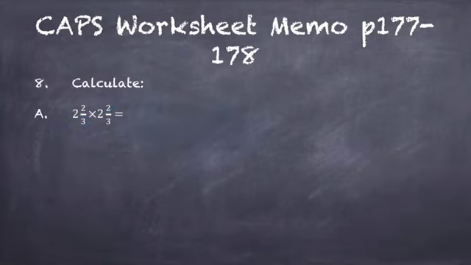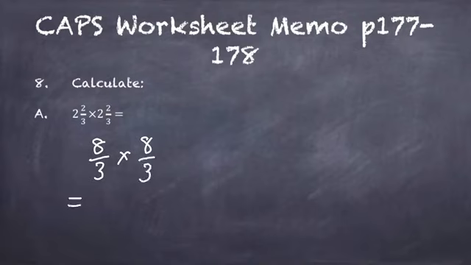Number 8A. Mixed numbers, we're going to first make the mixed numbers into improper fractions. 2 1/3. 2 times 3 is 6 plus 2 is 8 over 3, and it's the same this side.